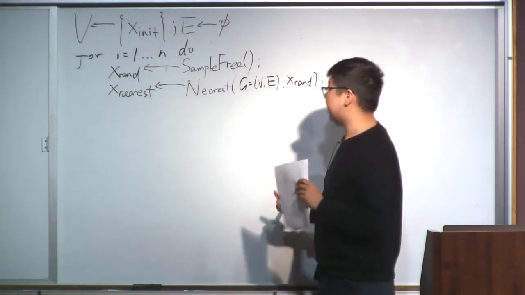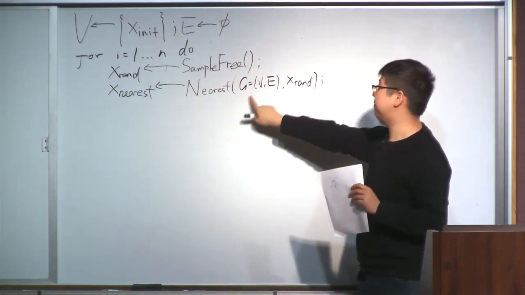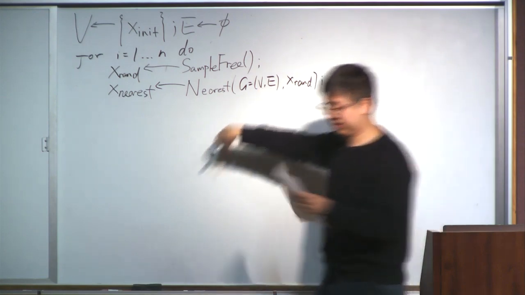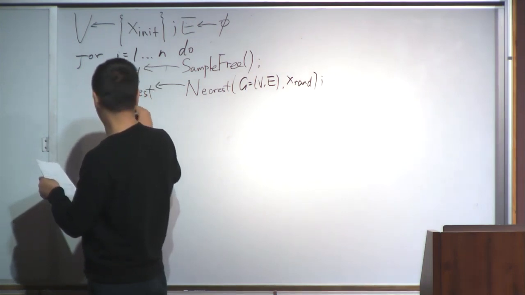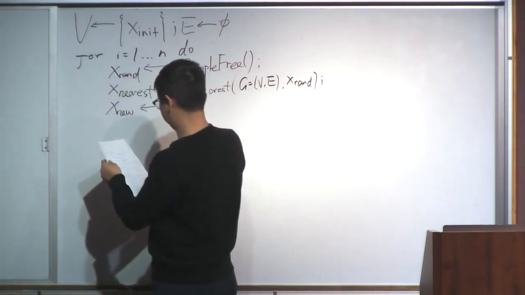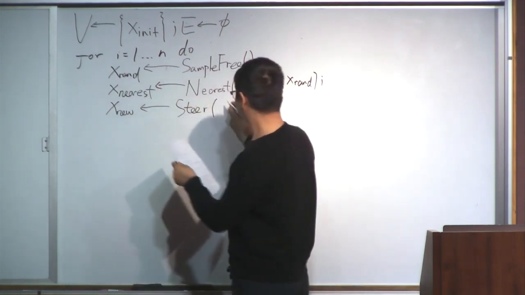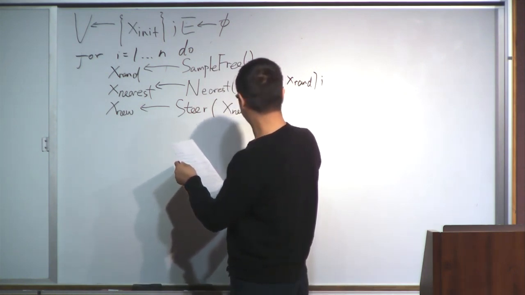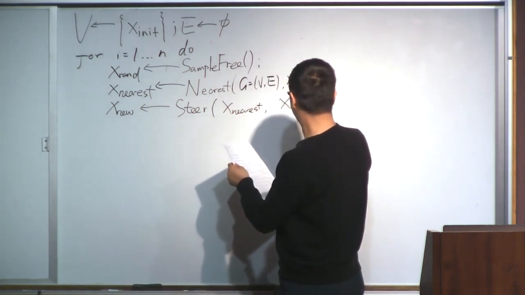This is getting the nearest neighbor of x rand in the graph with vertex set V and edge set E. And then we steer: Steer(x nearest, x rand).